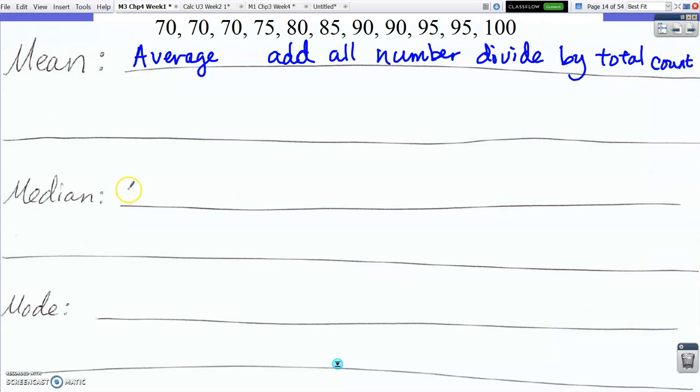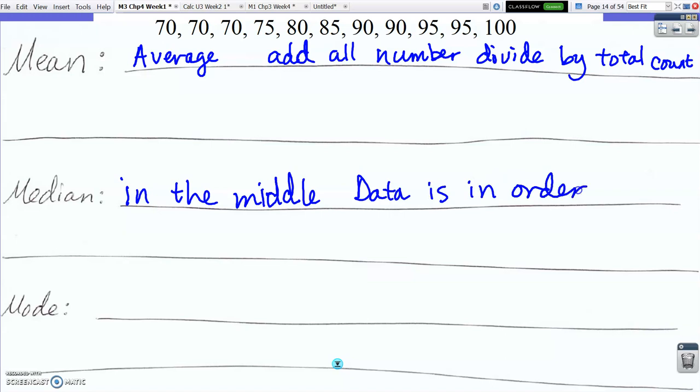For the median, it's the number in the middle when the data is in order. And the mode is the one that occurs the most.